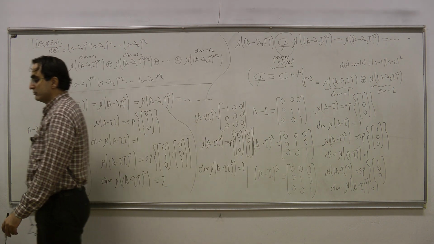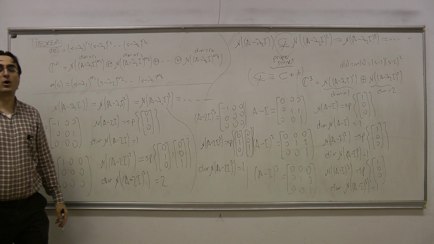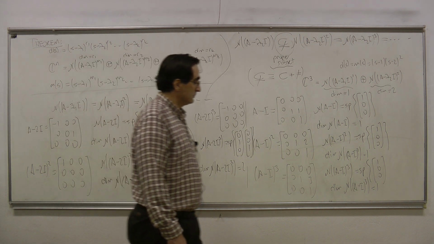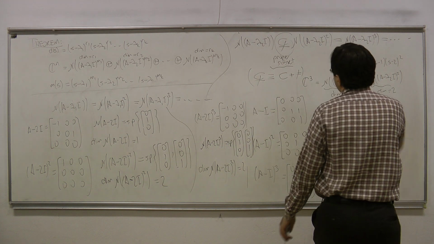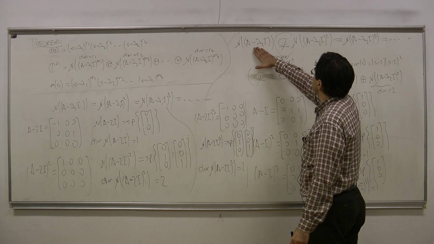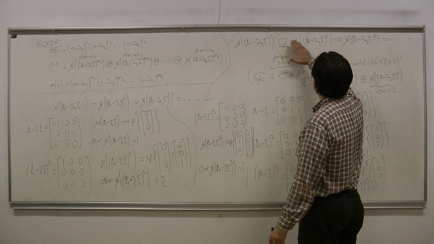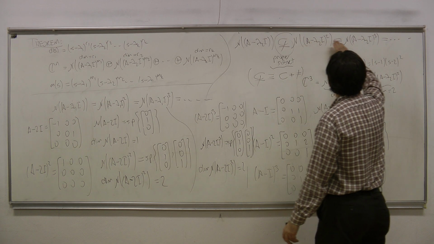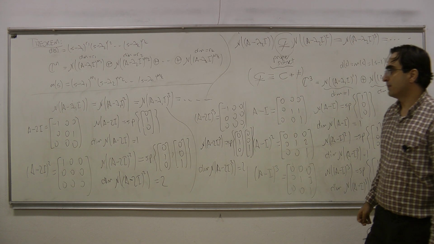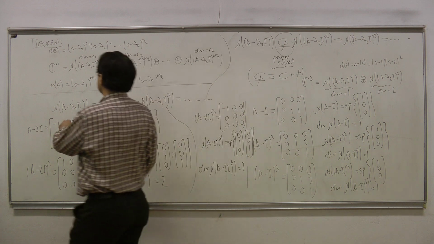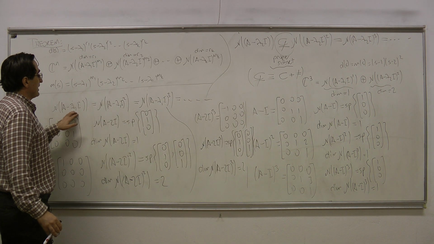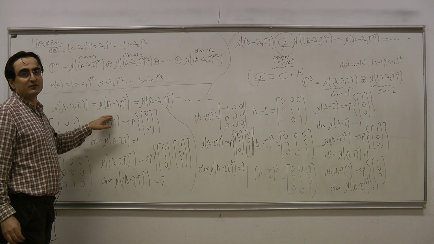The null space would not be able to grow anymore. All right? So you see that this null space started with the eigenspace, and it has strictly grown, and then it remained the same. Okay? And what about the earlier one? The earlier one remained the same just from the start.